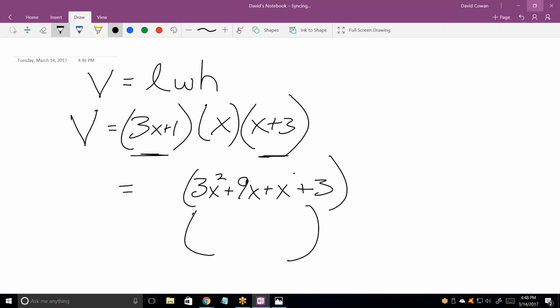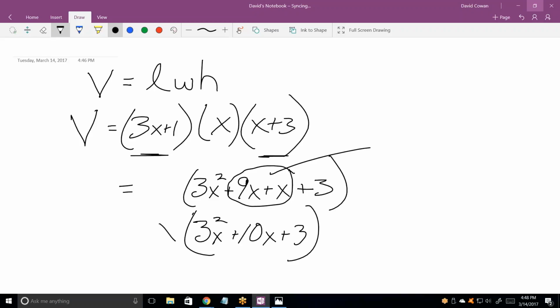You can always combine the two middle terms whenever you've multiplied two linear terms to get a quadratic. So then that is volume equals 3x squared plus, not yet. Hold on. I'm going to do it step by step. Okay? In other words, all I've done is simplified this.